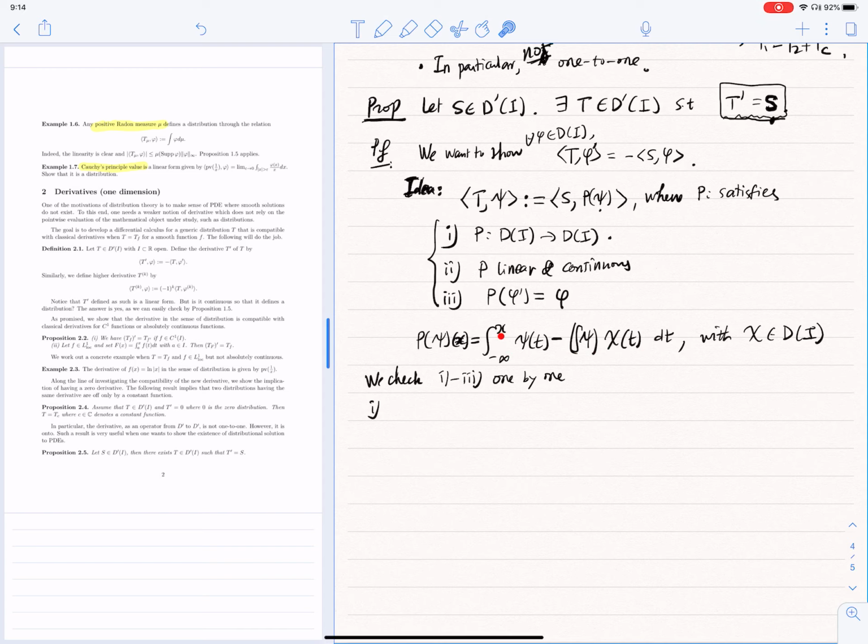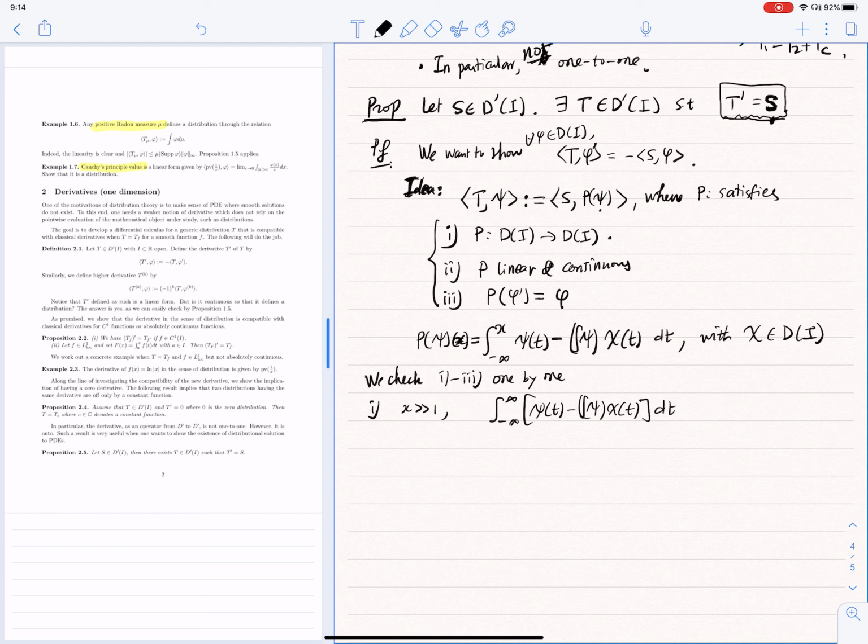When x is super large, so large in the way that it is larger than the right endpoint of support of psi and the support of chi, then the integral becomes this. Right? It's the same thing as the integral over the whole real line.